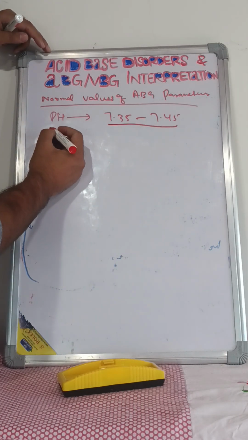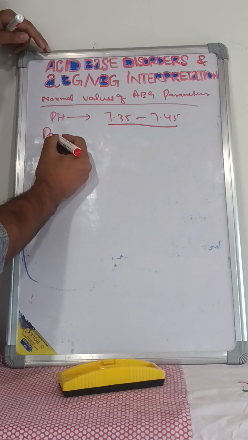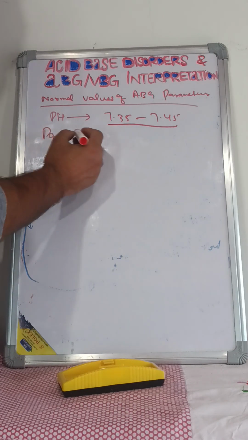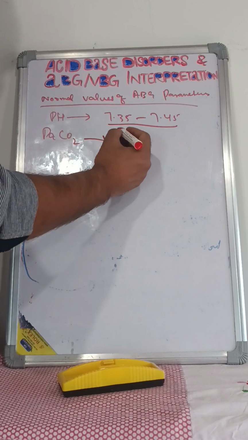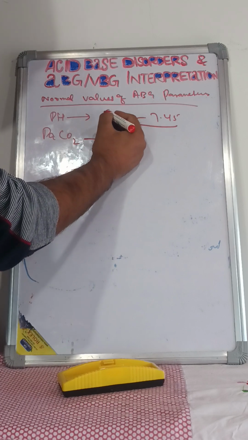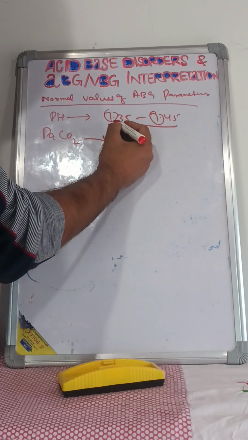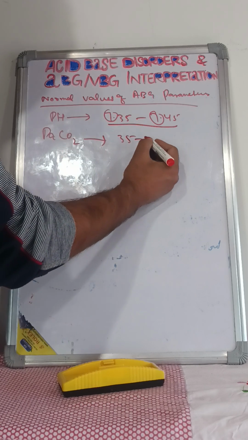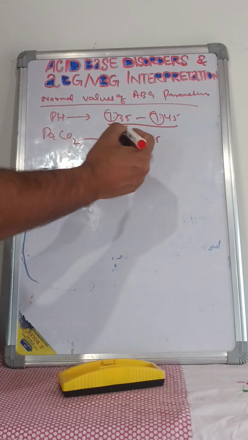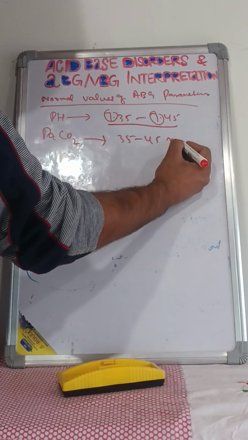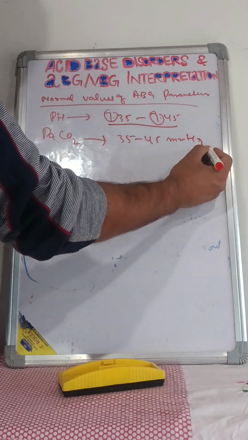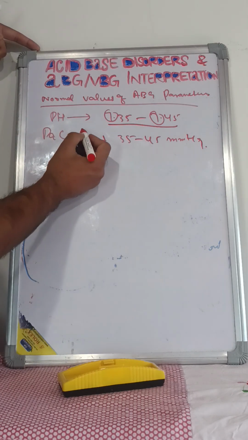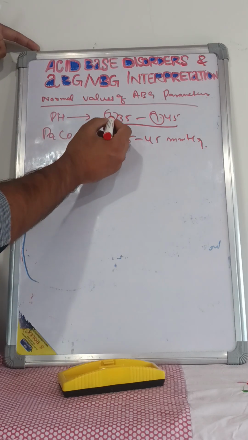Now, what is the normal level of PaCO2, partial pressure of carbon dioxide in arterial blood? Your normal PaCO2 level in blood is equal to 35 to 45 mm of Hg. You don't need to remember this separately.